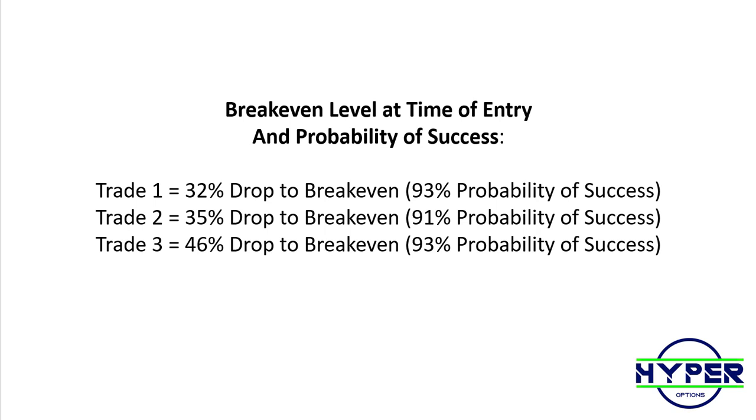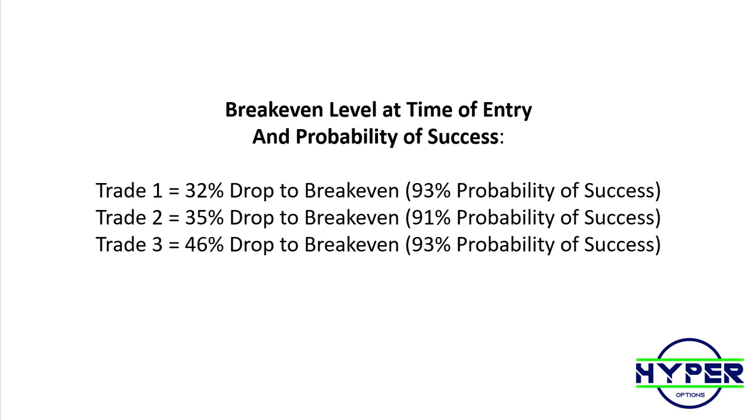So as long as it stayed above a drop of 32%, I would make the entire 4% on the trade. Trade number two required a drop of 35% in order to reach the break-even level.